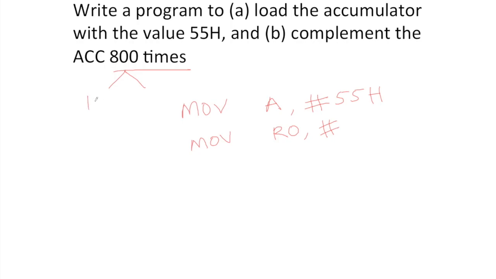The outer loop can go 10 times and the inner loop can iterate for 80 times. So initialize R0 to 10. This is my outer loop, and then we can initialize R1 to 80, and note I'm using decimals.